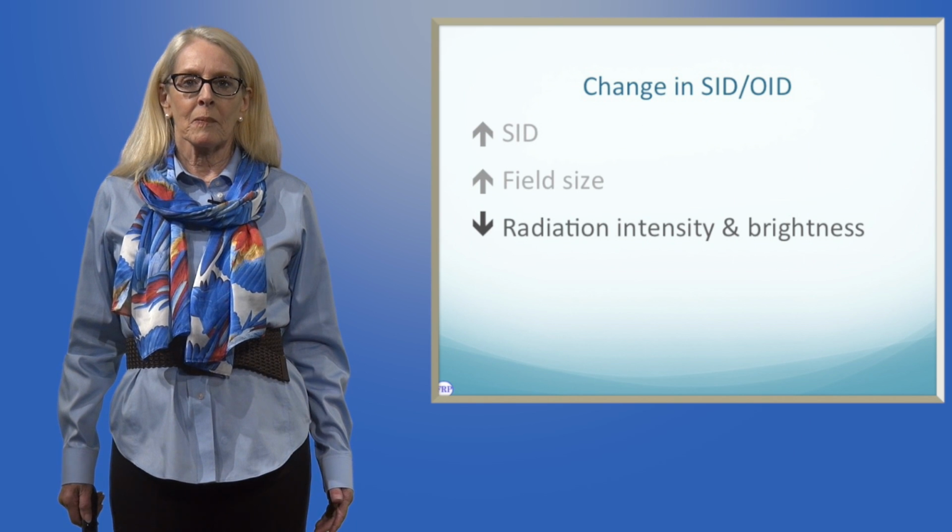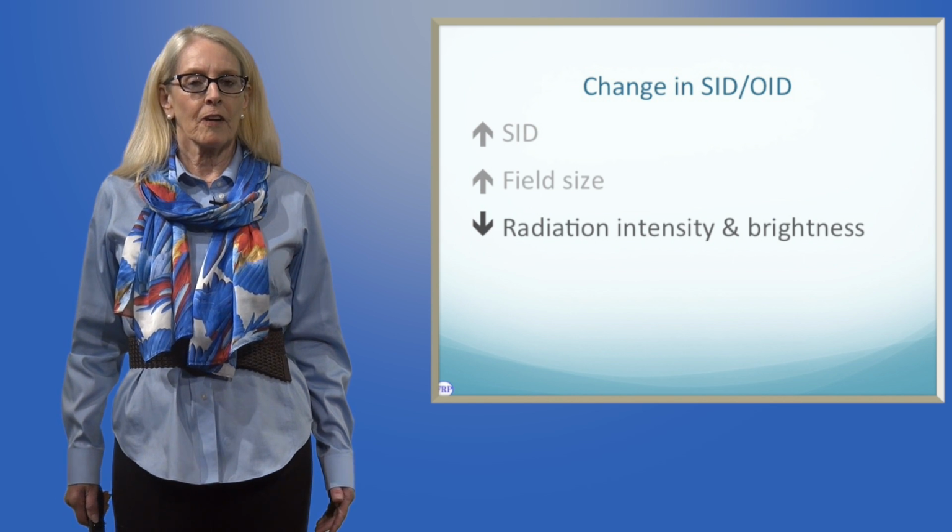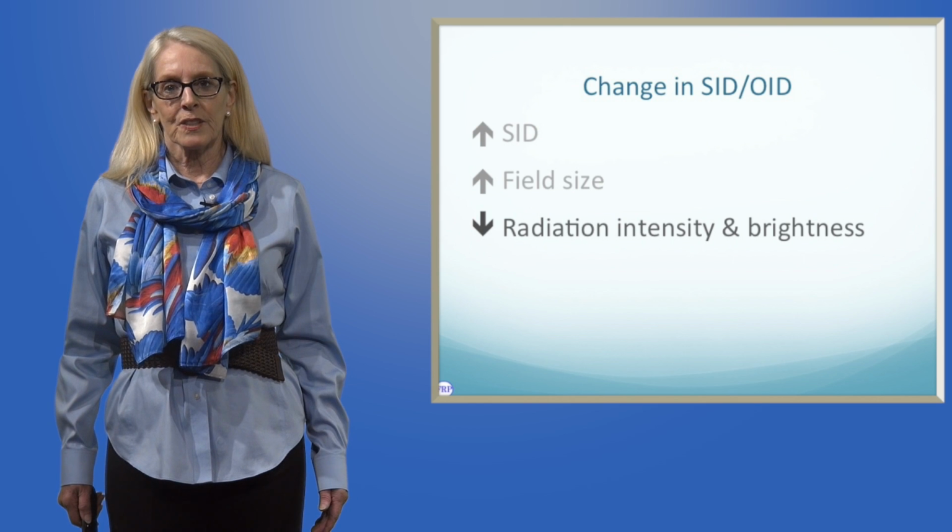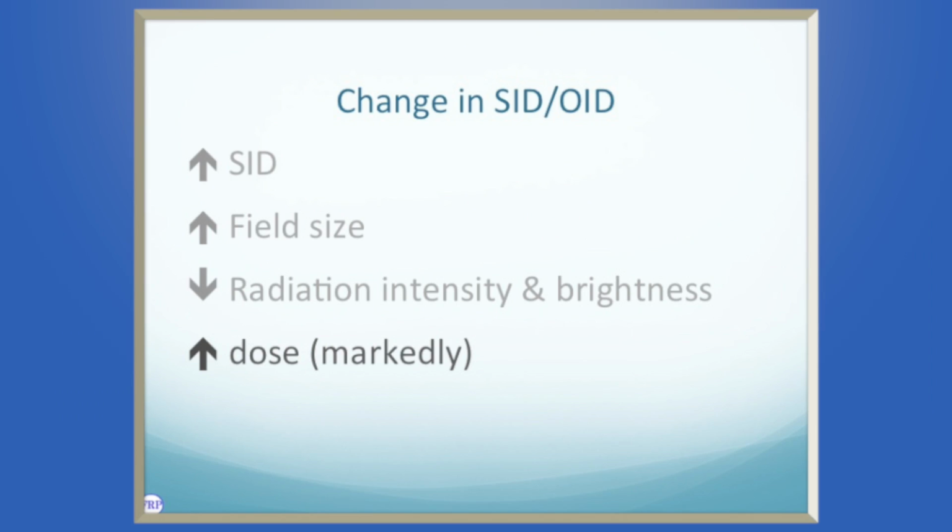And when that happens, you get less brightness from your image intensifier. There aren't enough photons coming into it to give you the level of brightness that you need. So when that happens, the II system will automatically increase the dose to the patient. So as that's increased, dose increases.